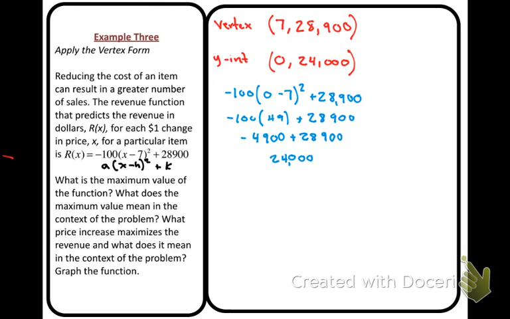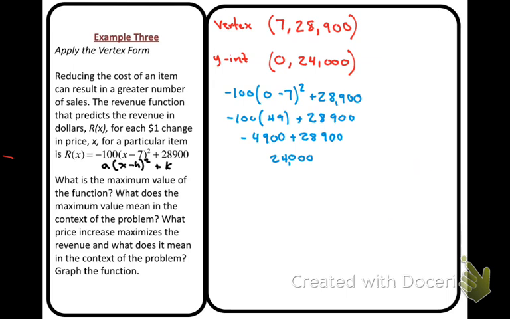Okay. So before we do strategic point, let's just go ahead and look at the questions to see if we can answer any of these. So what is the maximum value of the function? So remember, it does open downward and our vertex is on top, which means that it's a maximum, right? That's the maximum value that it can be right there.